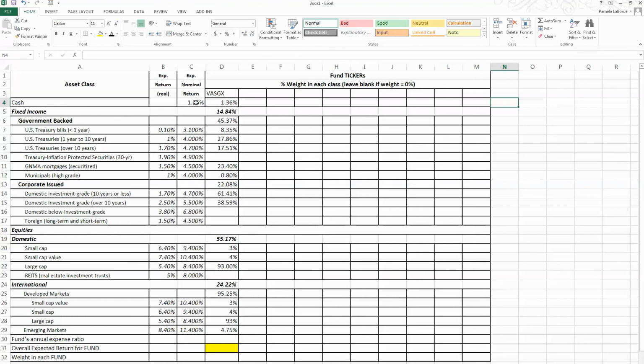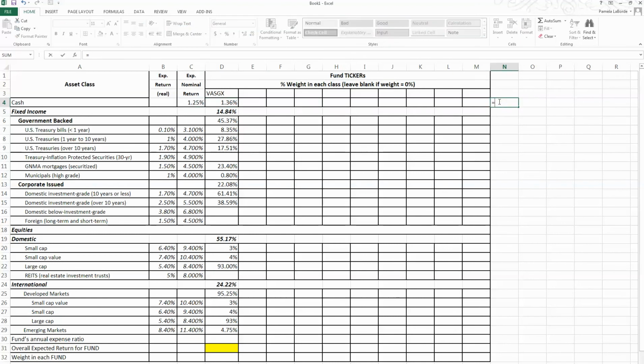So first, I know that basically I need to get an expected return for each major category. I know that they have 1.36% invested in cash, and cash is expected to earn a return of 1.25%.